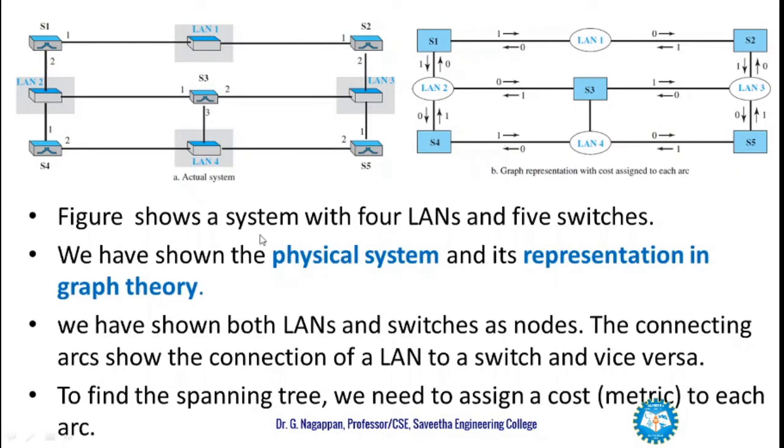If you see this figure, a system with four LANs: LAN 1, LAN 2, LAN 3 and LAN 4. We have shown the physical system and its representation in graph theory, so we have both representations.